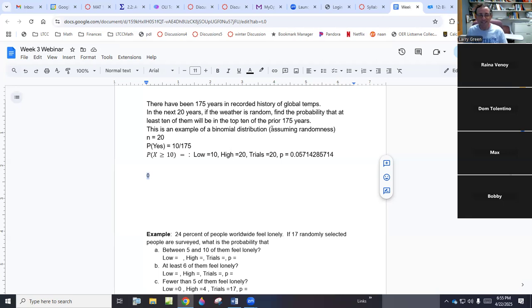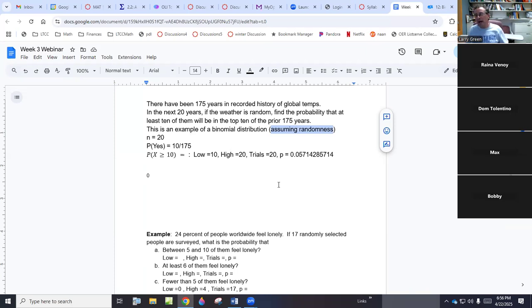Did I tell you? Right here. Assume randomness. Okay. It's not aliens. Assume randomness. That means assuming that truly every year the temperature is random is wrong.